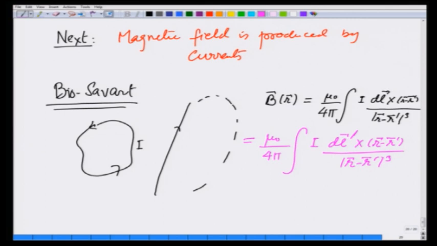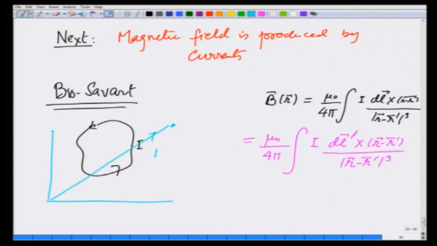So, let us see what does it mean. Suppose I look at the first case, first loop here, and I want to see the field at this point, which is, let us say, at distance r.